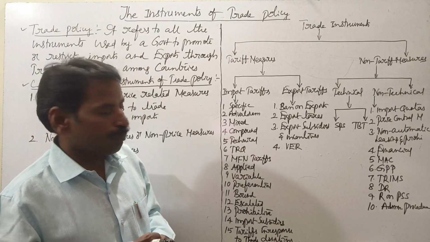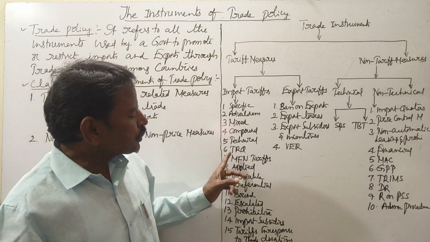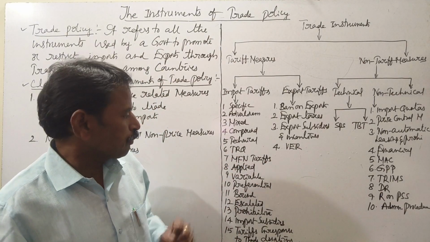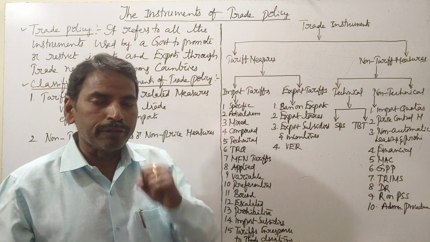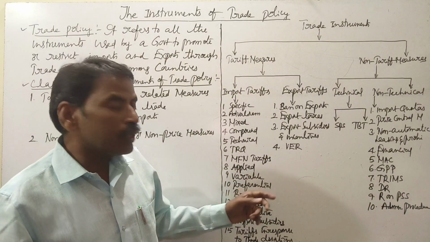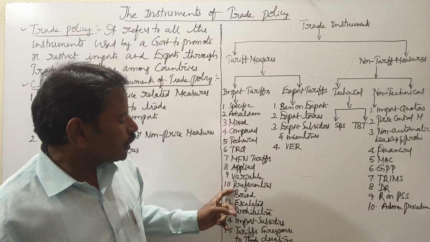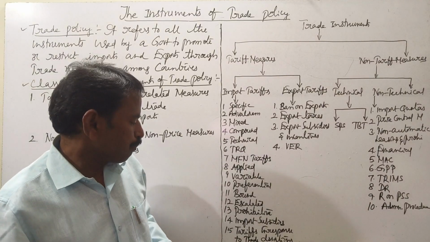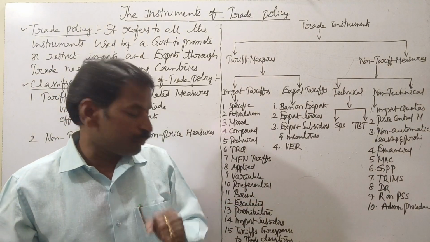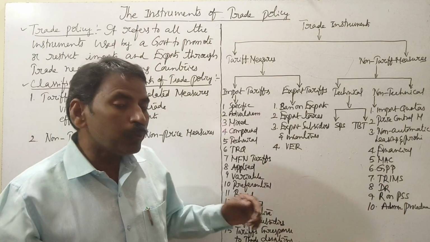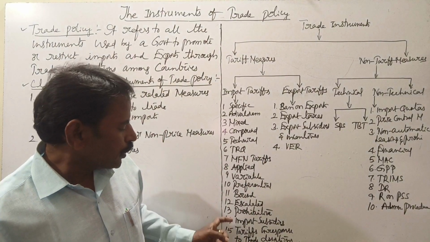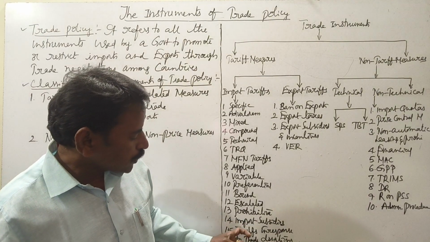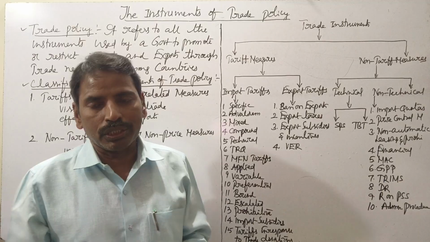Seventh one is most favored nation tariff. Eighth one is applied tariff. Ninth one is variable tariff. 10th one is preferential tariff. 11th one is bound tariff. 12th one is escalated tariff. 13th one is prohibitive tariff. 14th one is import subsidies. 15th one is tariffs in response to trade distortions.